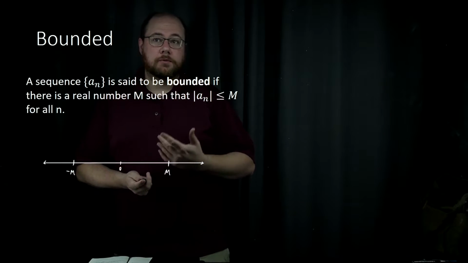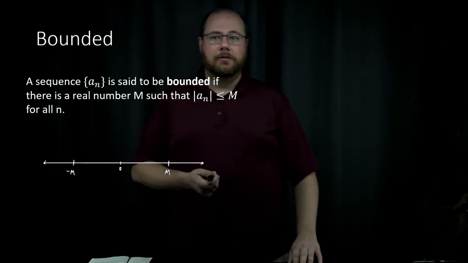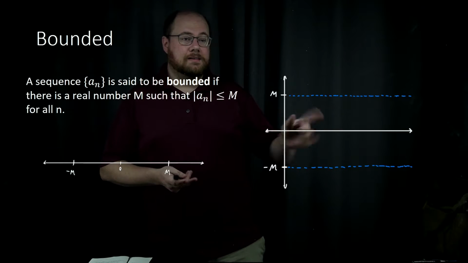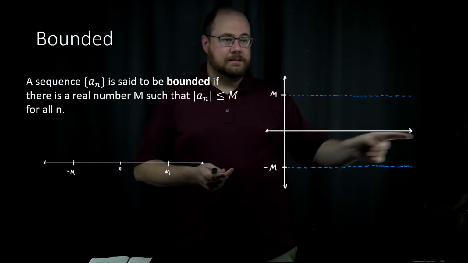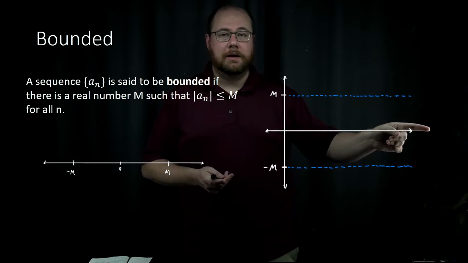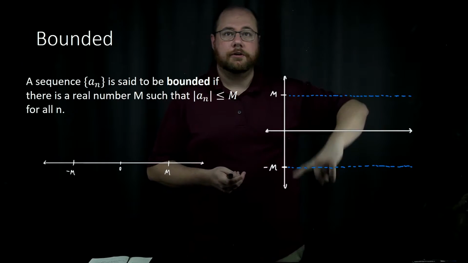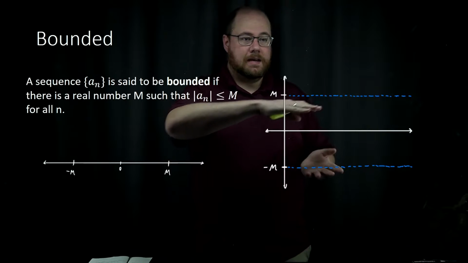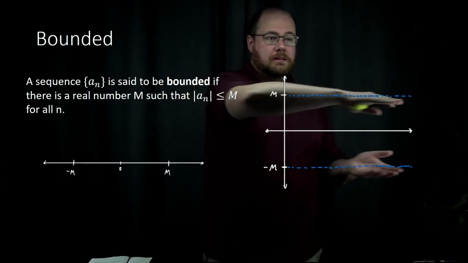Of course, we have another way to describe this using our two-dimensional picture here. If we think about our index as being plotted on this horizontal axis and the value corresponding to that index is plotted on the vertical axis, this says that the entire sequence has to occur in between these two.